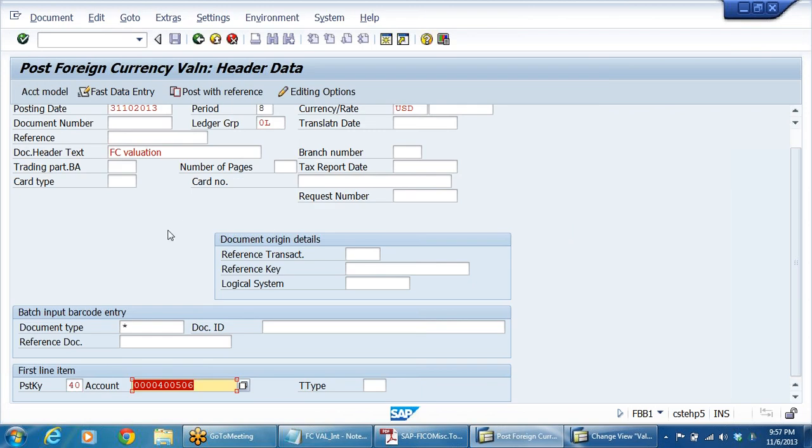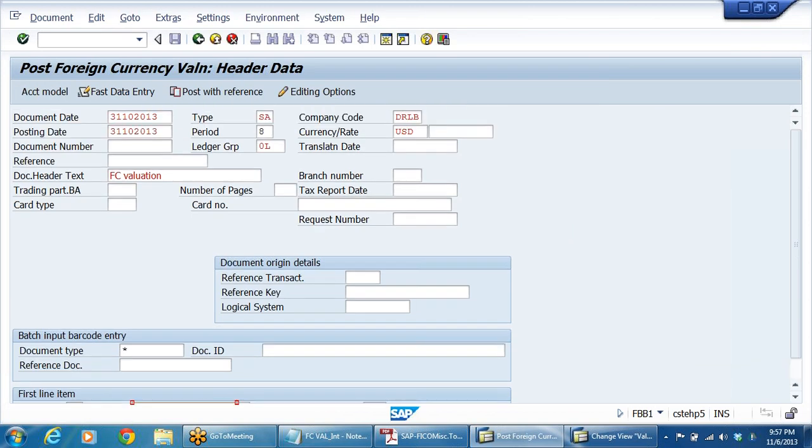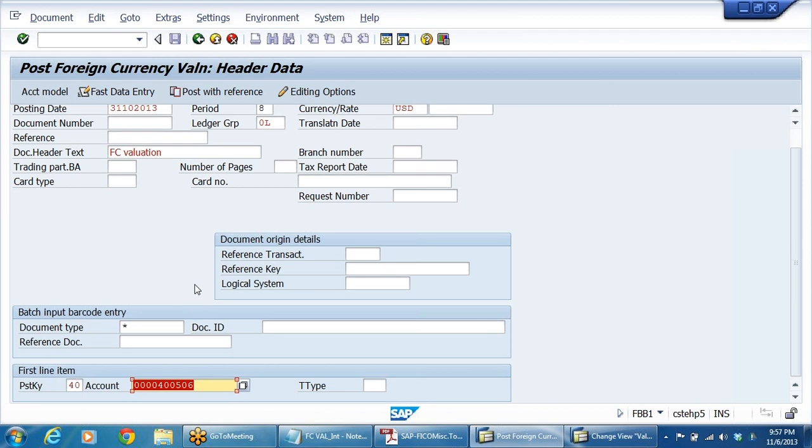Right, now first, on 31st 10 2013, SA document type, 400,506. Let us see, press enter.